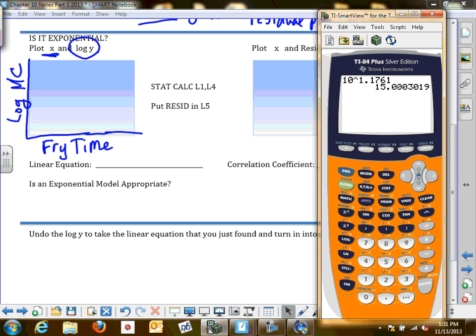So go to your stat plot and look at L1 and go down there and change your y list to, let's see here. Turn your y list to L4. Second L4, zoom 9, and there it is. Does that look similar to what was above, yet straighter? Yes, it condensed it and it straightened it out. So draw that picture.